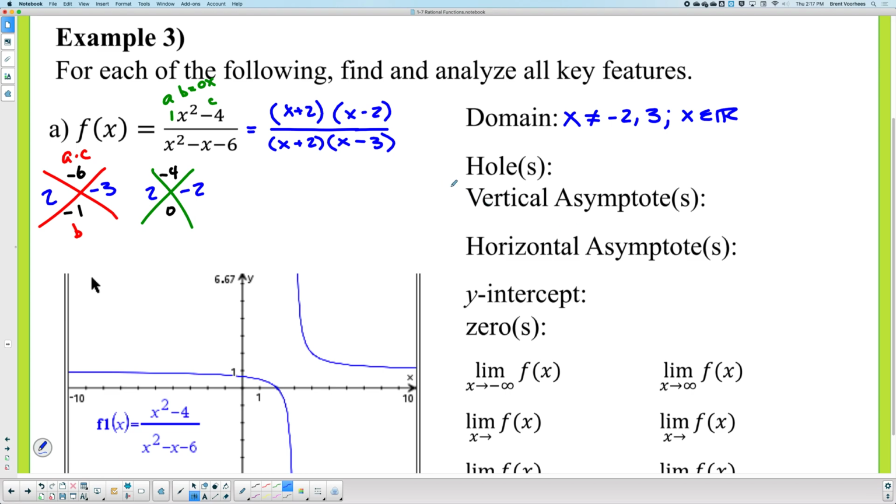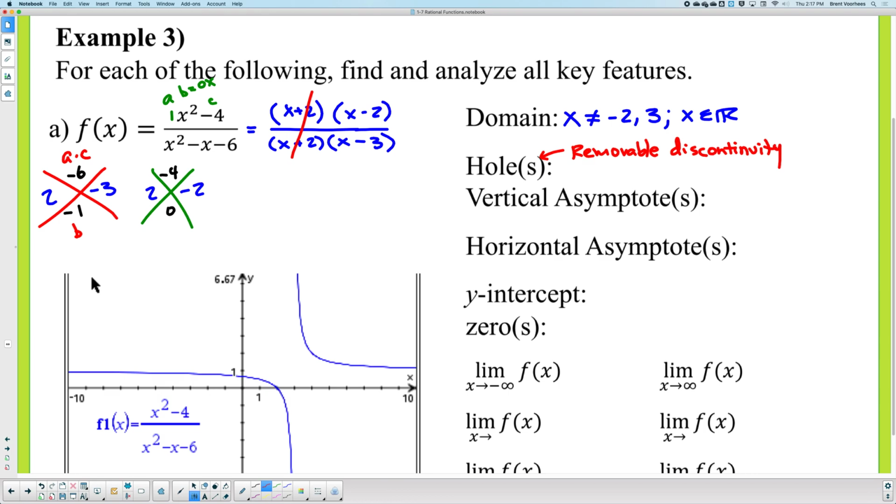So how does that help me on holes? I'll show you. A hole is known as a removable discontinuity. Let me make that note. That is a removable discontinuity. It occurs whenever a factor can be removed from the problem.